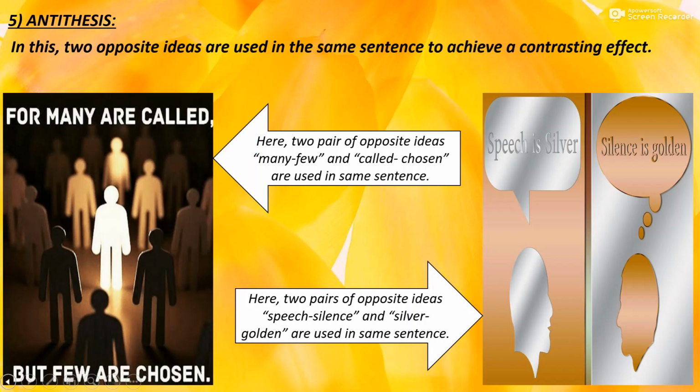Whereas in the case of metaphor, the comparison is a direct one. Next, we moved to alliteration, in which the starting alphabet of two or more words in the same sentence would be the same. The next was repetition, wherein we saw that in the same sentence a word would be repeated two or more times.